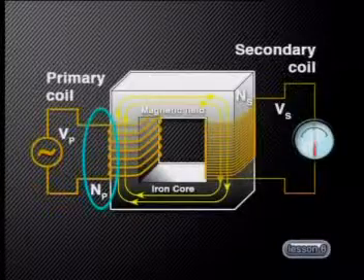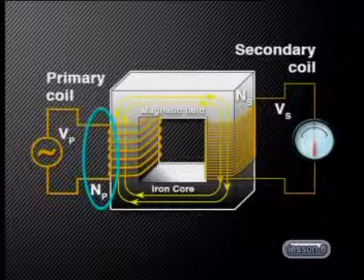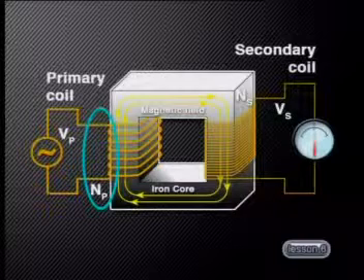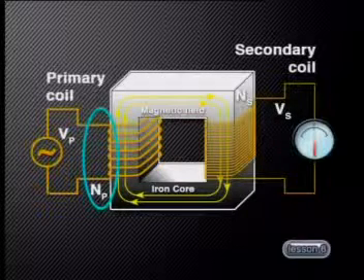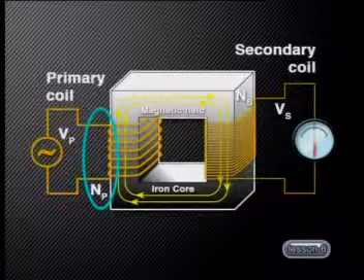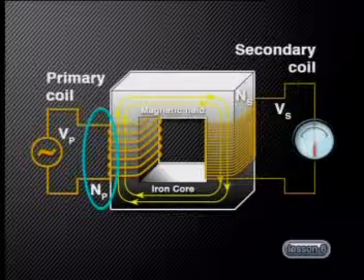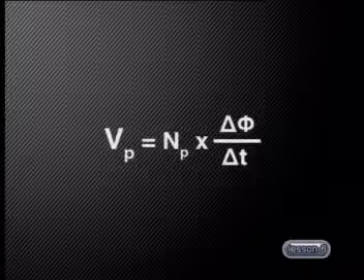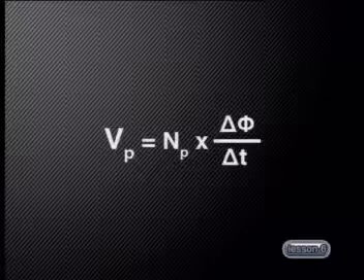In this primary coil, we use symbol N subscript P to indicate the number of turns or windings in the coil, and so can rewrite Faraday's law equation, especially for the primary coil, as Vp equals Np times delta phi over delta t.